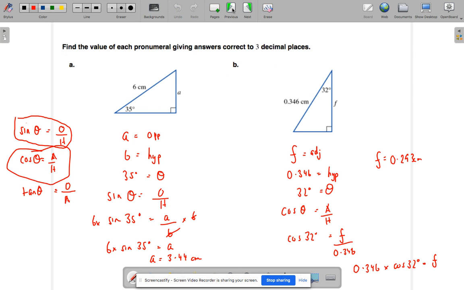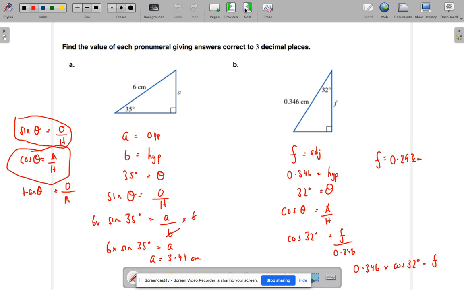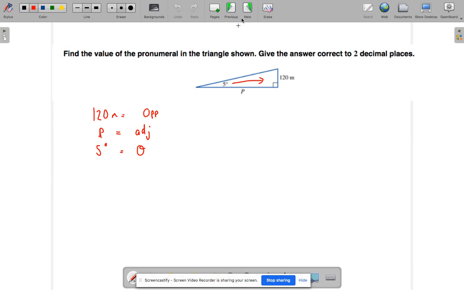So if I just go back to the previous slide, the one that's involving those ratios, opposite and adjacent, is tan. Tan theta equals opposite over adjacent.